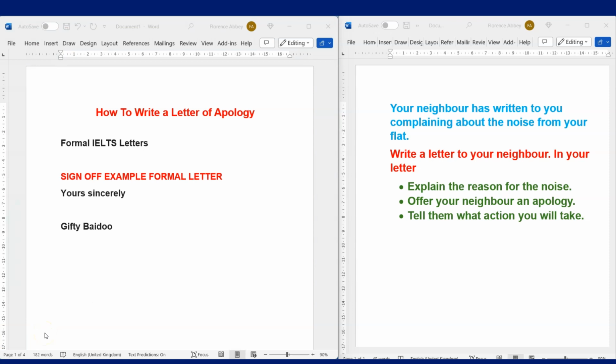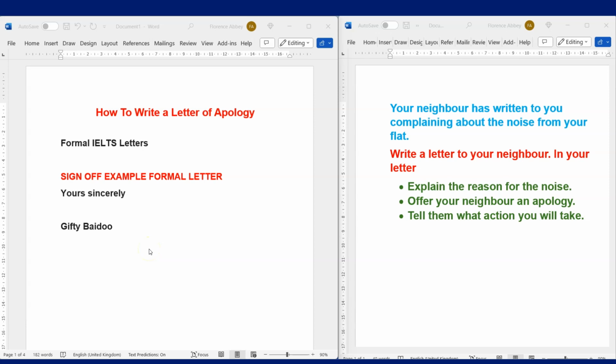If you are signing off a formal letter, after you have written your sign off phrase like yours sincerely, you write a full name. Here I use Gifty Bedu. So yours sincerely, Gifty Bedu. You write a full name.